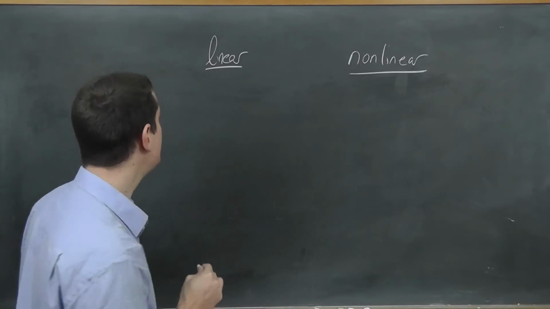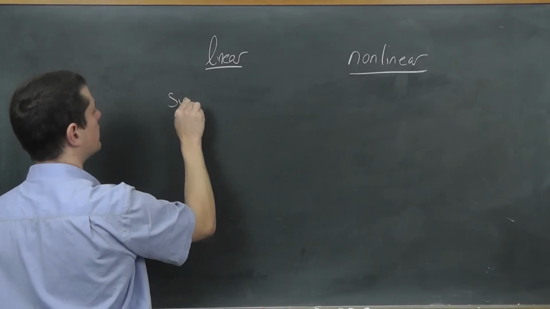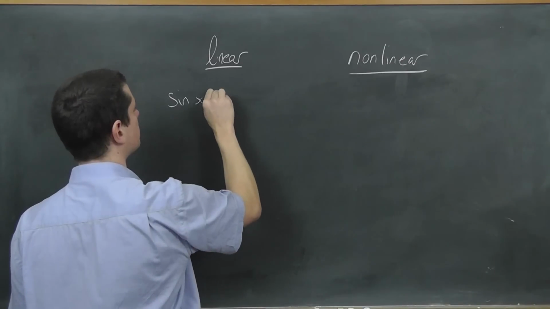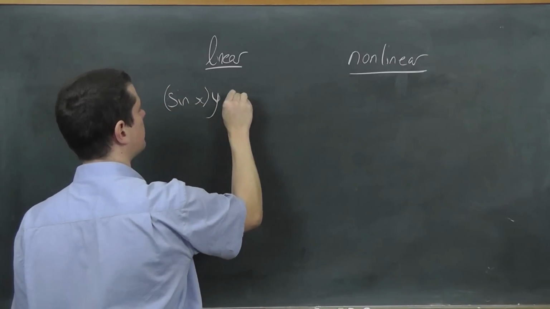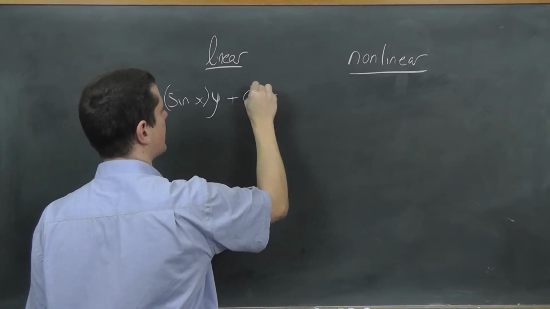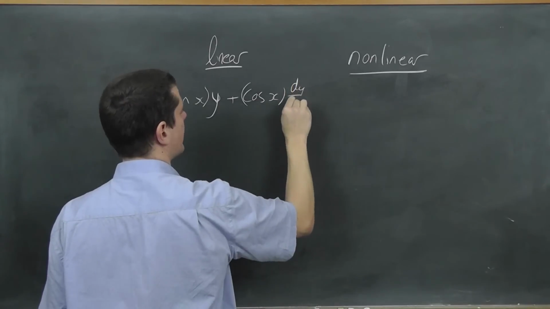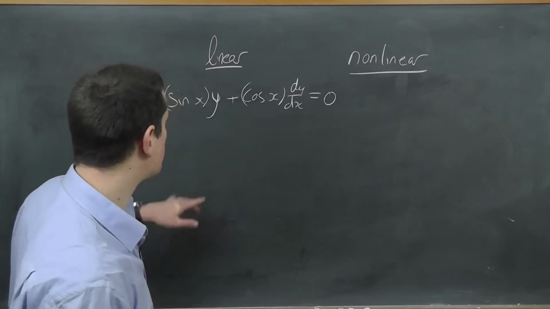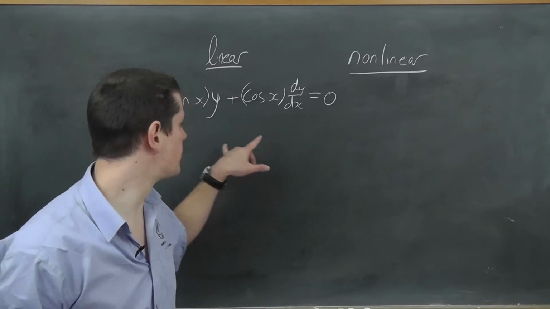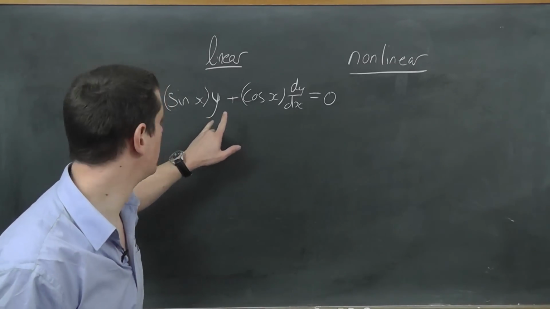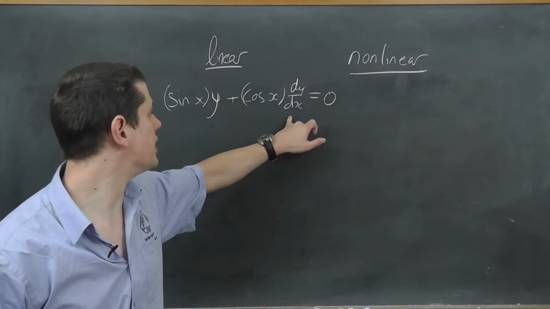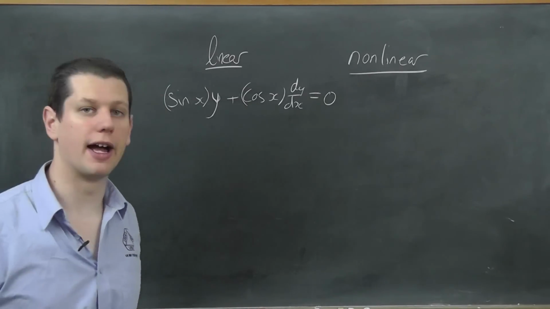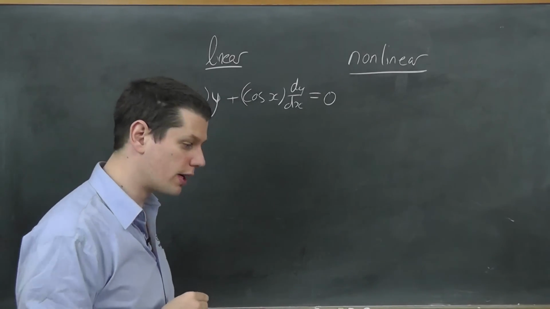So an example of a linear equation would be sin x y plus cos x dy by dx equals 0. Each of the terms here consists of y, or one of its derivatives, multiplied by a function of x. And that's a linear differential equation.